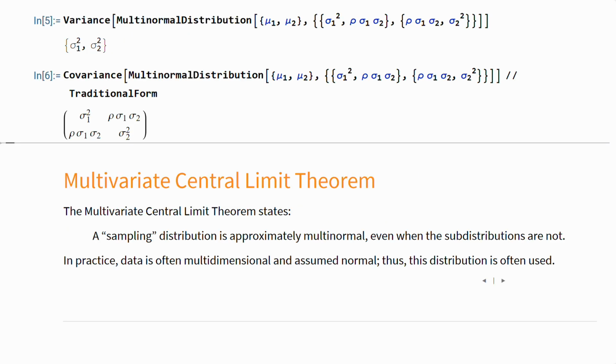The multivariate central limit theorem states a sampling distribution is approximately multinormal even when the subdistributions aren't. In practice, data is often multidimensional and assumed normal. So this distribution is often used, and it's often reasonable in many vague contexts.